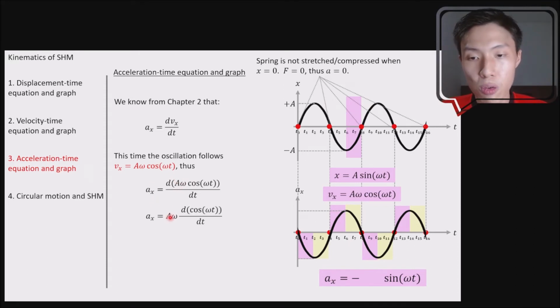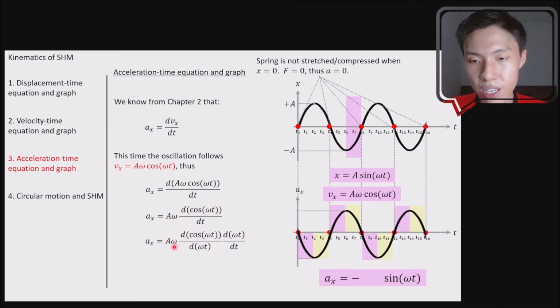So it becomes A omega d cos omega t against dt. So now you know that in order to differentiate this, you have to use the chain rule. You have to break it from dy/dx to dy/dA, dA/dx. So if you break it, it will become A omega, just bring it here, then it will be d cos omega t divided by d omega t. Okay, this is dA, so copy dA over here against dx, so dx here is dt.